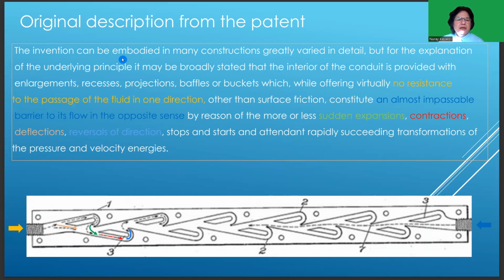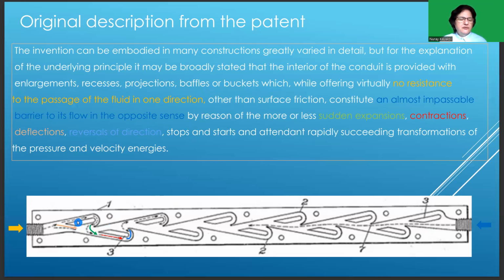The invention can be embodied in many constructions, greatly varied in detail, but for the explanation of the underlying principle, it may be broadly stated that the interior of the conduit is provided with enlargements, recesses, projections, baffles, buckets, which I want to stop here because this is a patent, you know, this is not a text description part.